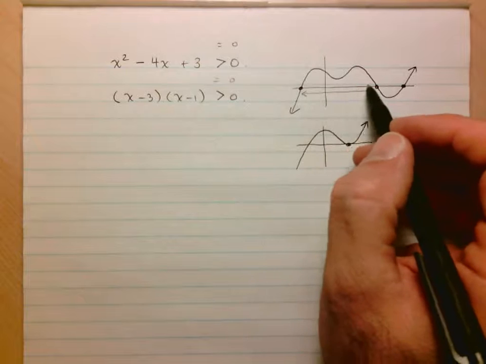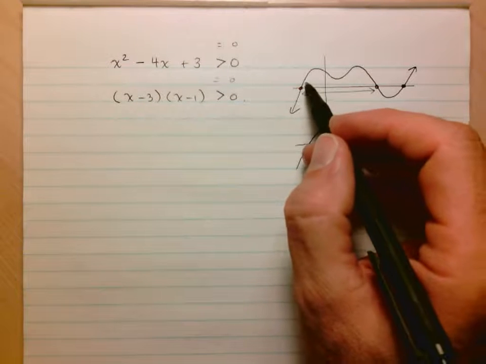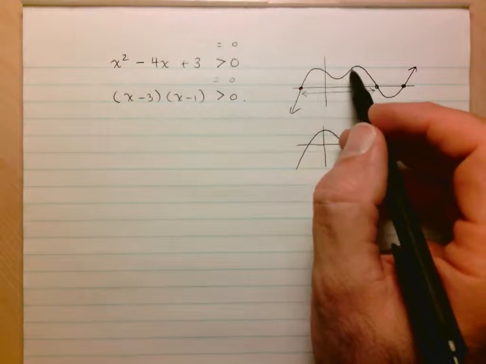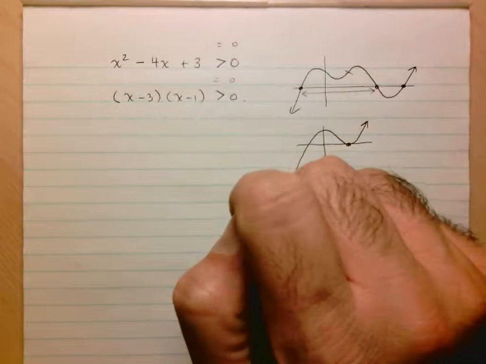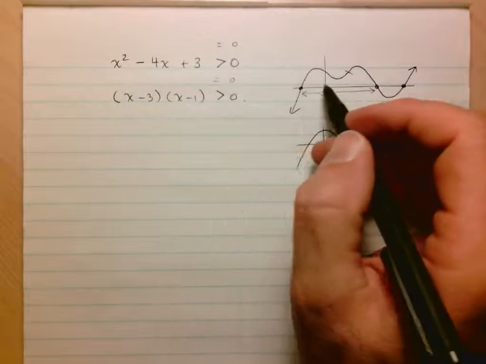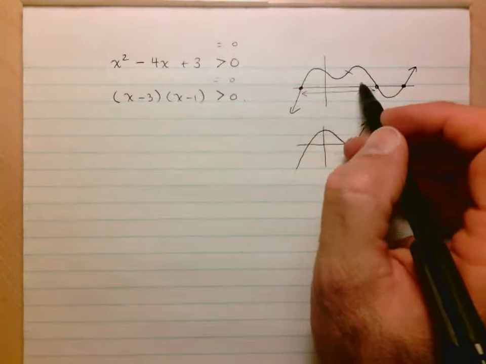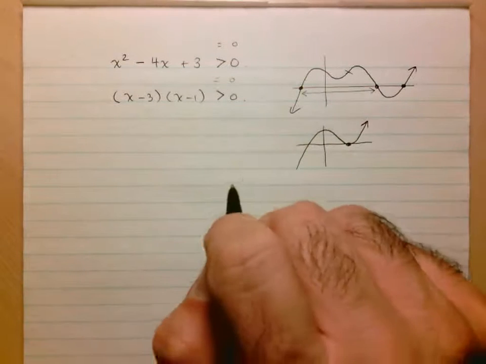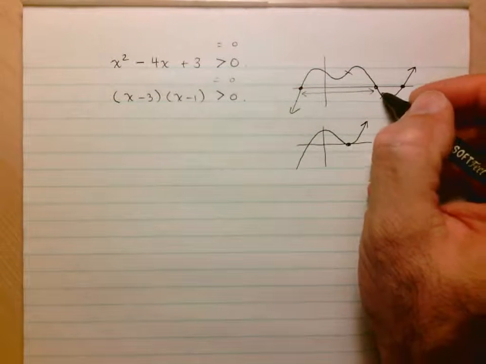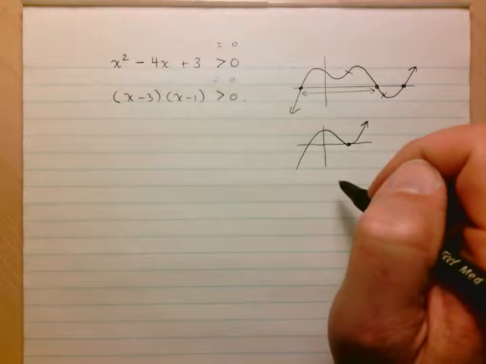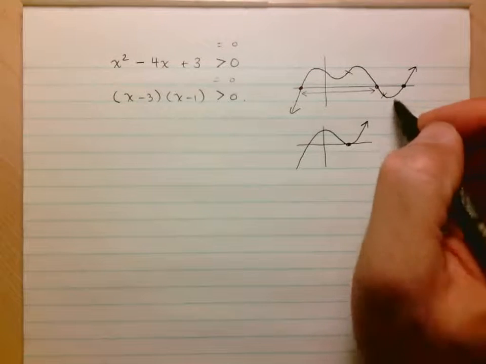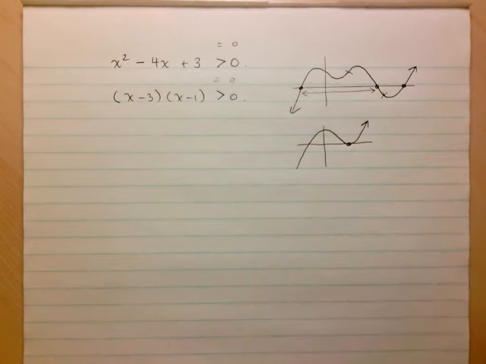If there's no other x-intercept in between them, the sign of the function has to always be the same. As soon as I can show that one point has a positive y value, every other y value in this interval has to be positive. If one y value in this interval is negative, then all of them have to be negative. These are the ideas that we're going to use.